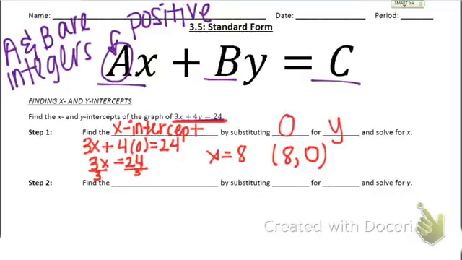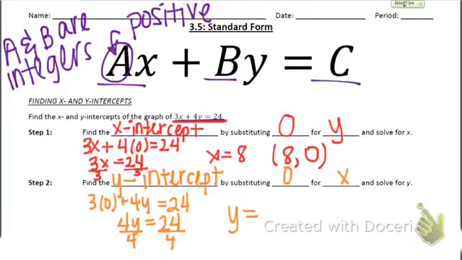So how do you think we're going to find the y-intercept? To find the y-intercept, we're going to substitute 0 in for what? For x and solve. So I want you guys to do that right now.